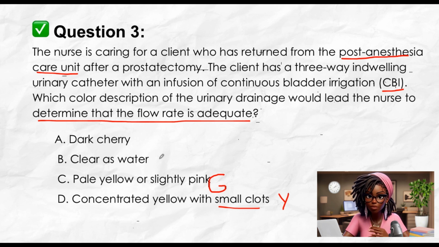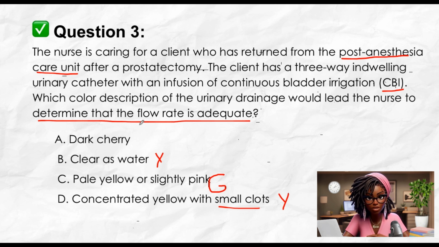And then we have the dark cherry, right? This is way too dark. It could indicate active bleeding, hematuria, or clots, which would require urgent flushing or intervention. So this is not normal for a patient just returning from the PACU. We don't want to see this, right?